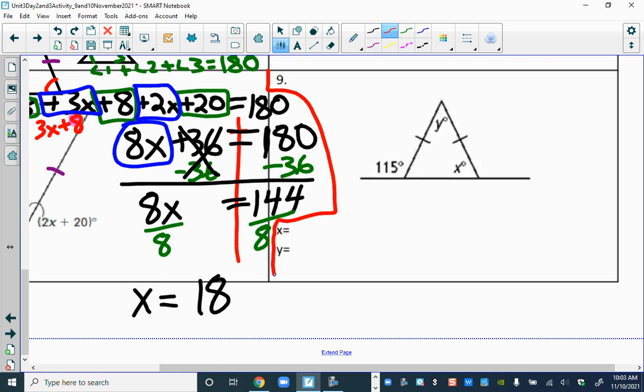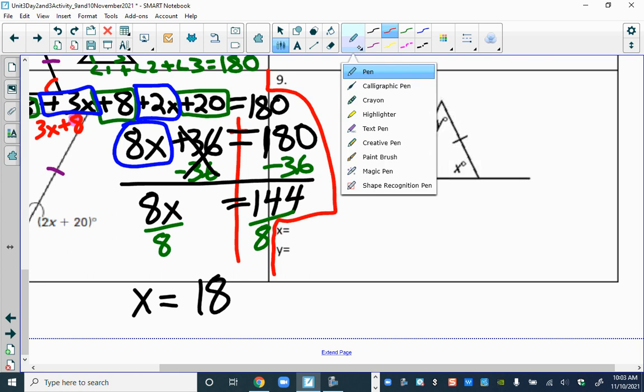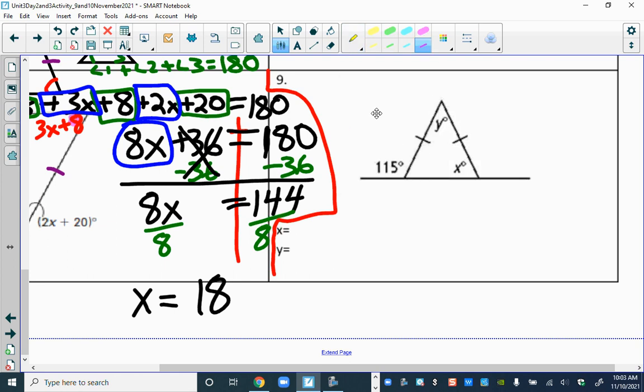So here's what we have going on here. We have a y, we have an x in this triangle. We don't know what this angle is yet. However, if we just focus on this triangle right here, notice how we have an isosceles triangle, correct?